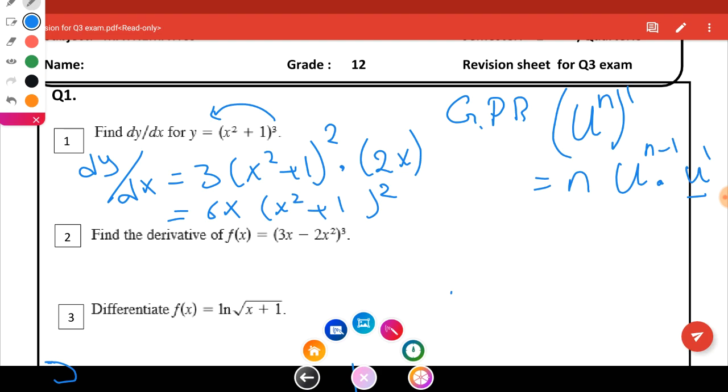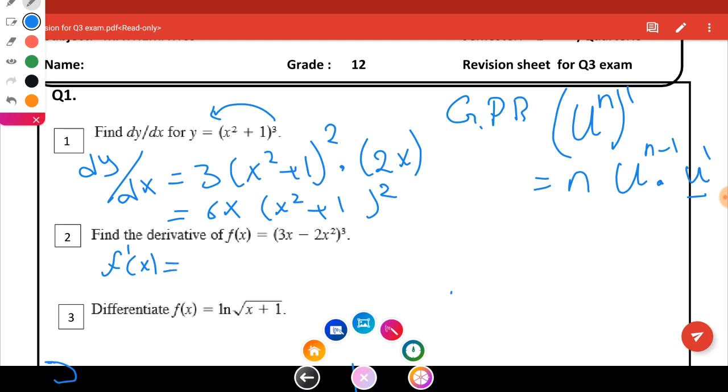Number 2, I just apply the general power rule. We solve it as we solved question number 1. It will be f prime. You can pause the video, solve, and then check your answer.